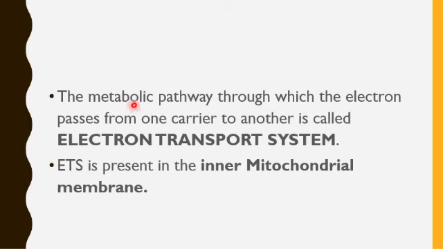The metabolic pathway through which the electrons pass from one carrier to another is called the electron transport system or electron transport chain. The electron transport system is present in the inner mitochondrial membrane.